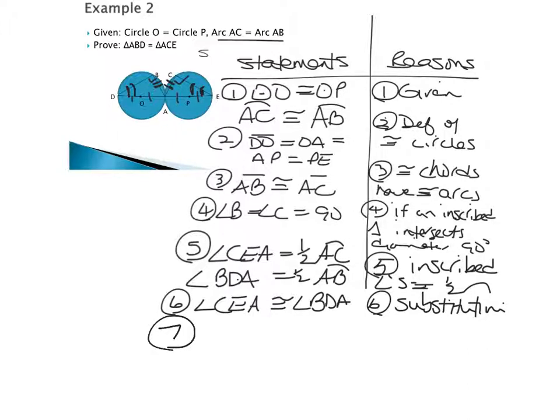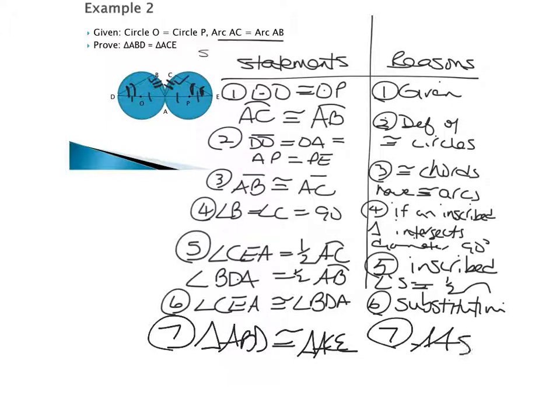So I would have to state now the proof ABD is congruent to triangle ACE, and I'm going to use angle, angle, side. Now, we could have gone in there and found the diameter, and we could have used side, angle, side. So there's more than one way to prove that these triangles are congruent. But when you make your steps, it needs to be justified with a theorem or a definition or something.